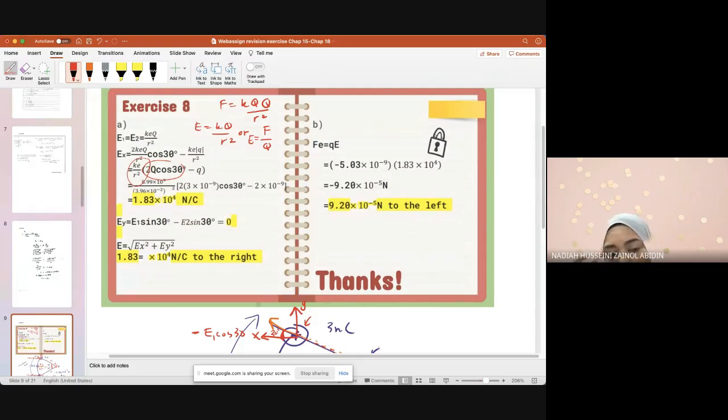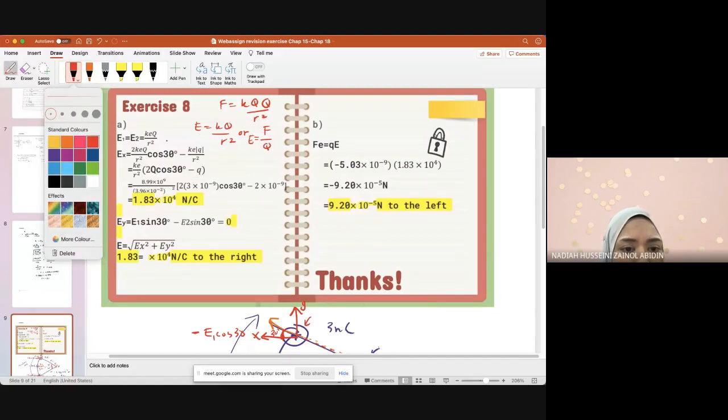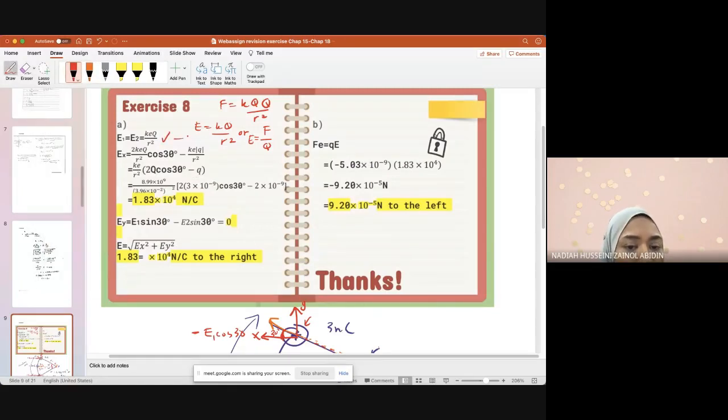Here Danish did not define to the left as negative. Instead, to the left he said is a positive and to the right is a positive. Terbalik lah. So kalau saya nak kena betulkan yang ni, saya akan bagi markah kat sini. This is 1 mark.